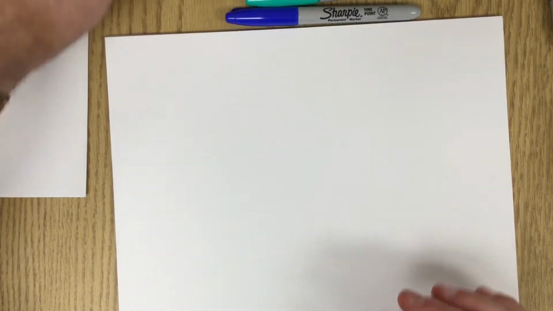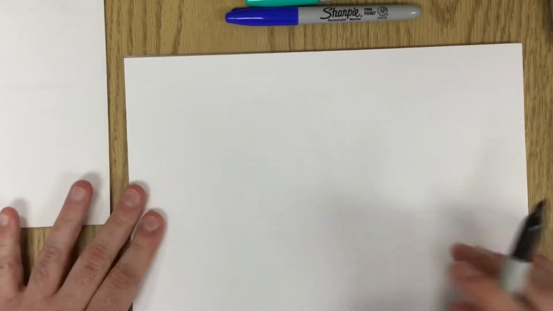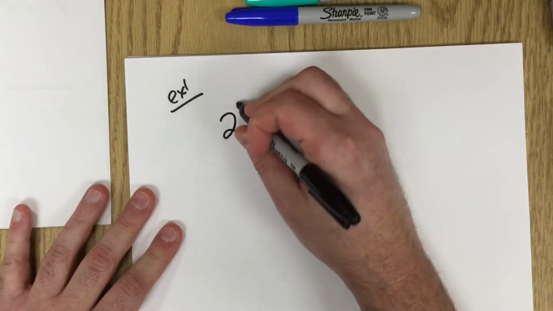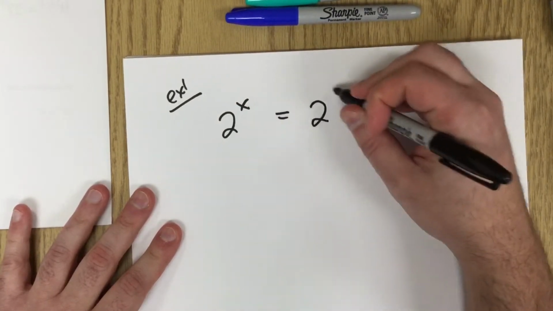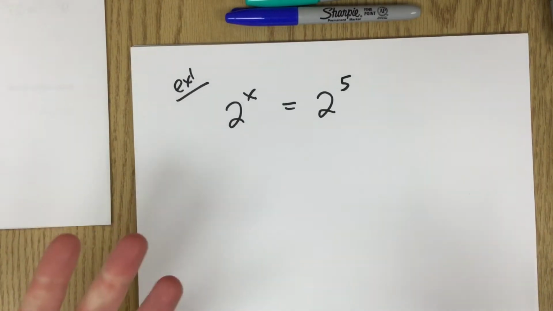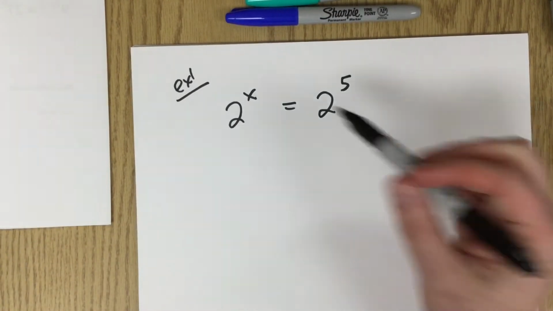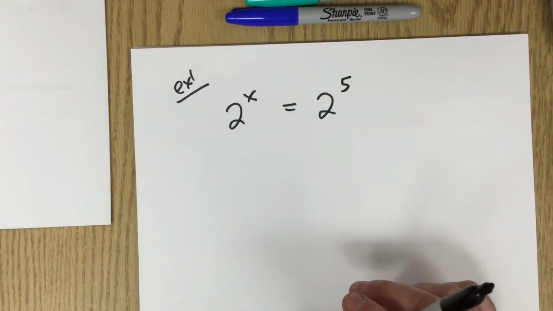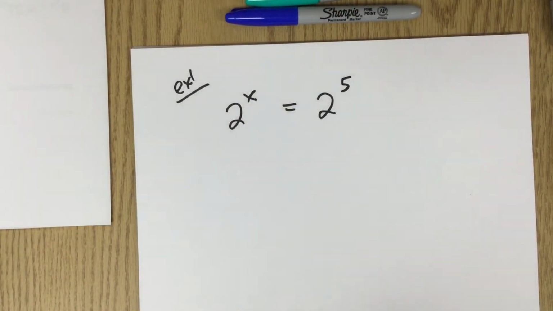So we'll start off by noting, let's say we have 2 to the x equals 2 to the 5. And it seems potentially obvious that if 2 to the something equals 2 to the 5, then the something has to be 5. So we can see that x equals 5.